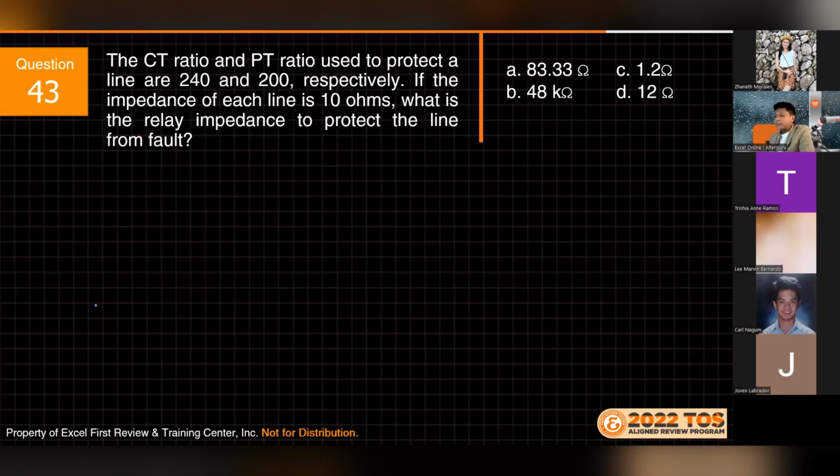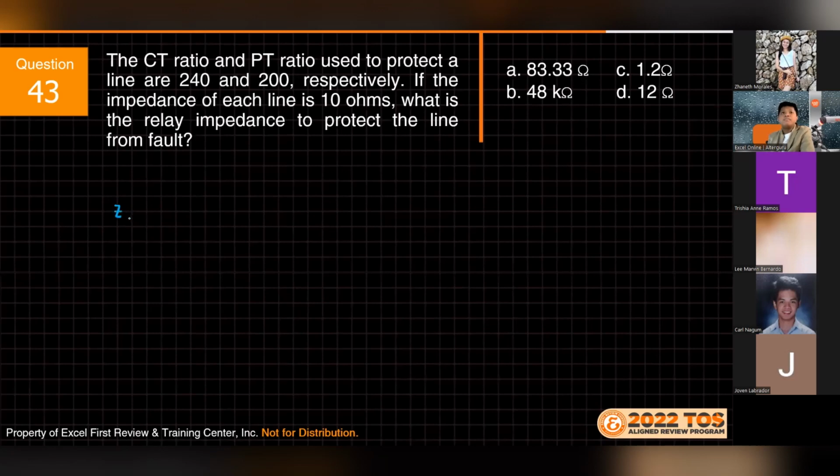Inasmuch as we use the instrument transformers to measure, we are also using them for protection. That means they project an impedance. What we are looking for is the relay impedance.